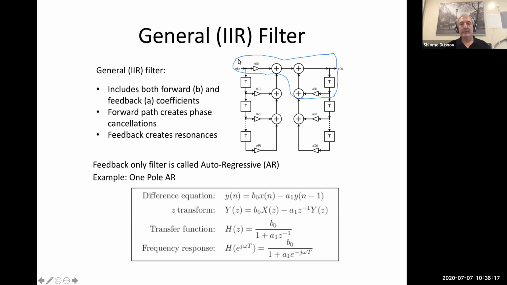In this filter, the output Yn is the input times B0 plus 1 delayed output with an A1. We just need to make sure, because here the A is with a minus, that we can change the sign here.